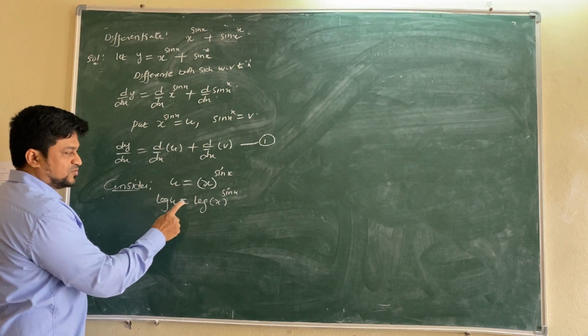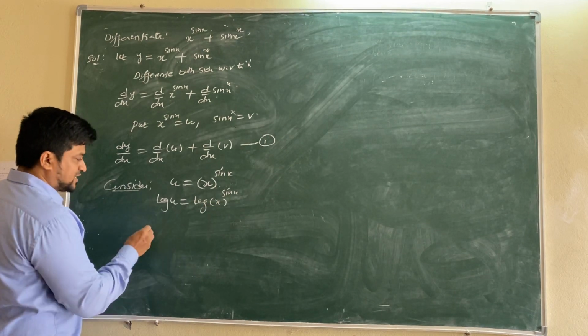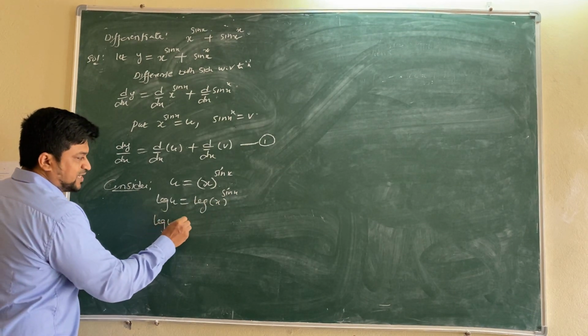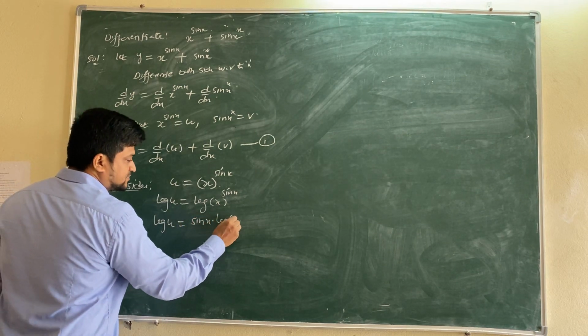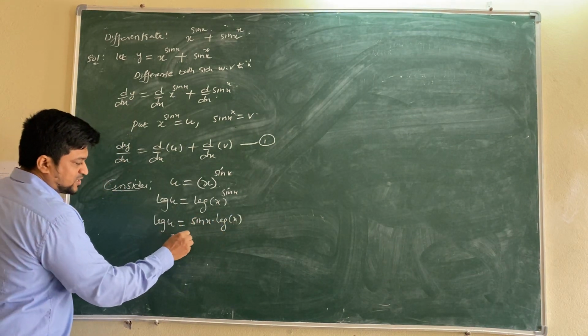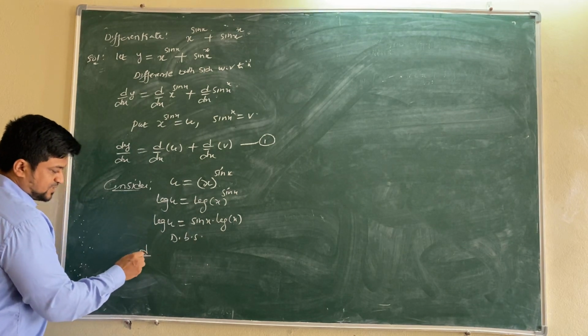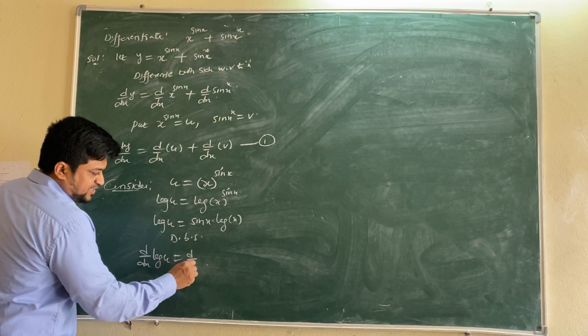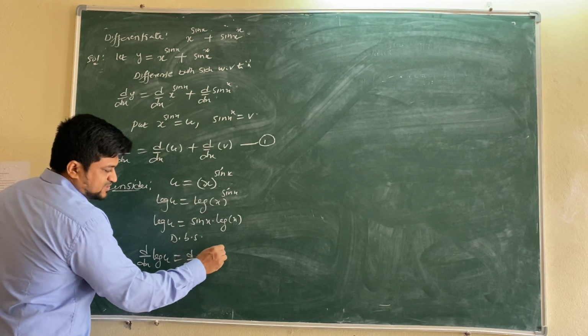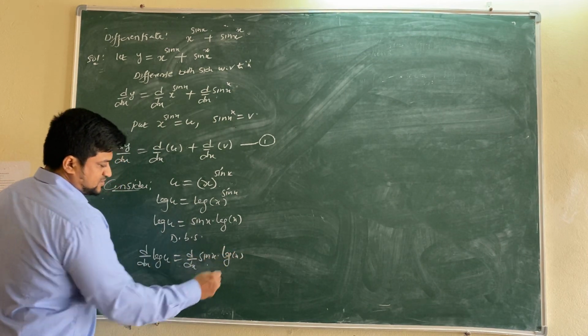This x power sin x is u now. So what will we do when power is there? We will take that power here, I mean log a power b is b log a. Then differentiating both sides with respect to x. D by dx of log u equals d by dx of sin x into log x.